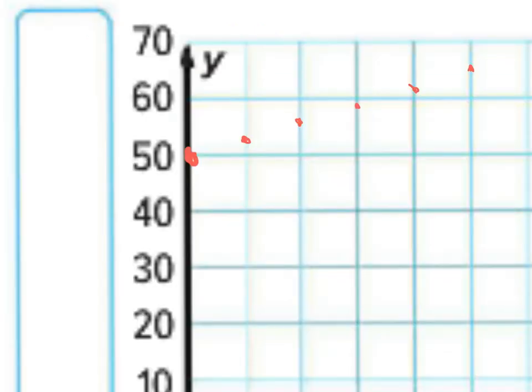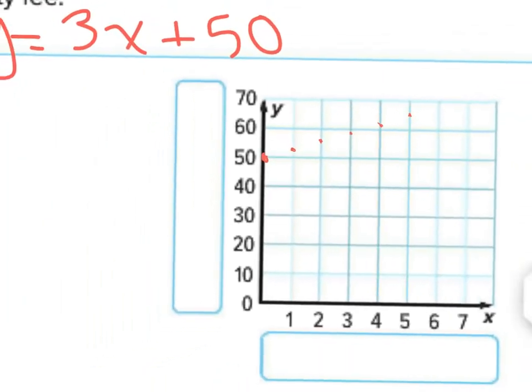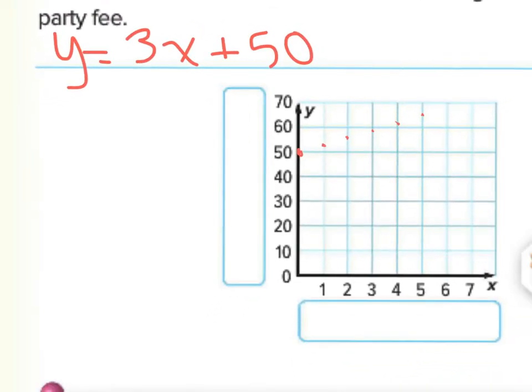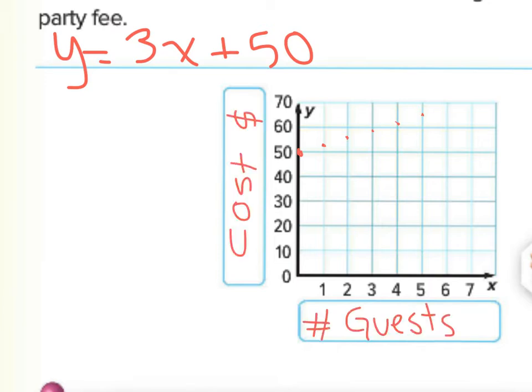So it should look more like that. I just fixed it. I was zoomed in and was able to do it better. We forgot to label, where on the bottom we have our number of guests, and that's what it would look like right there.